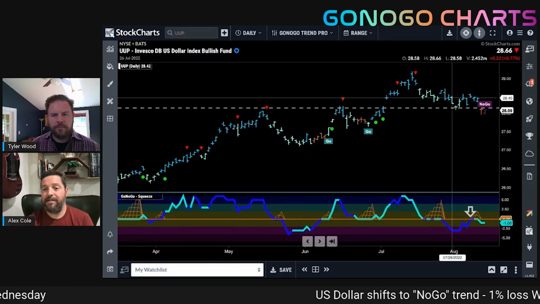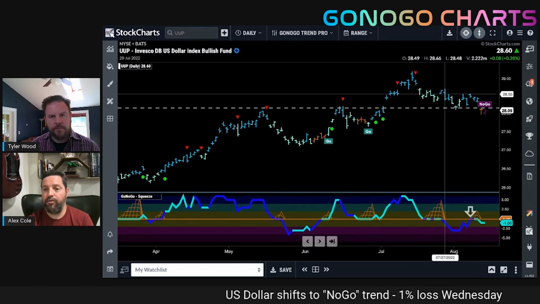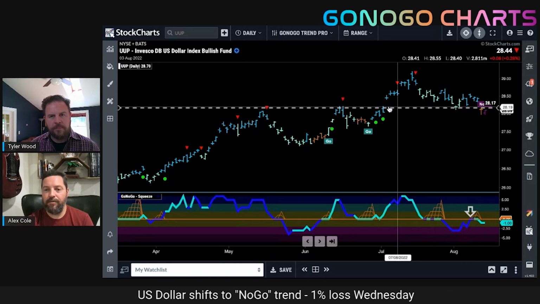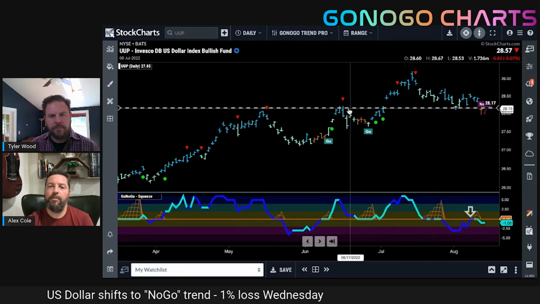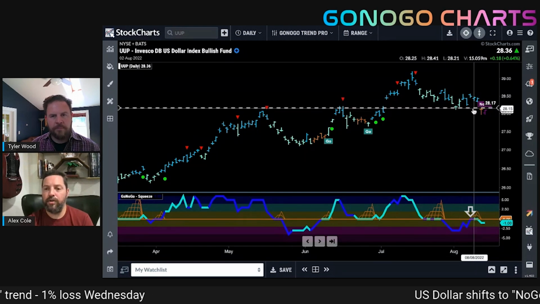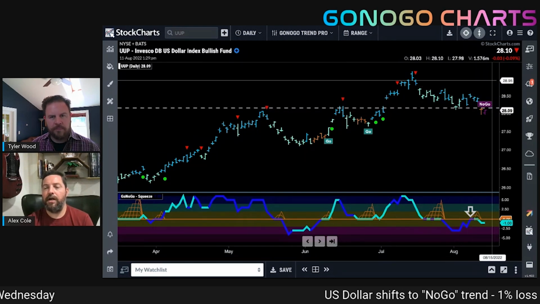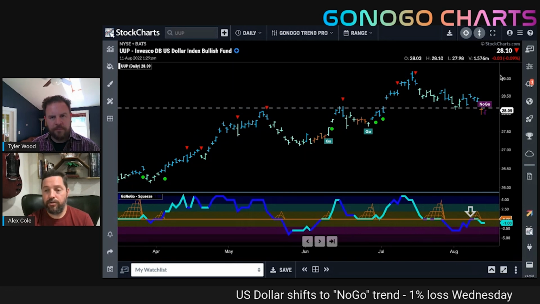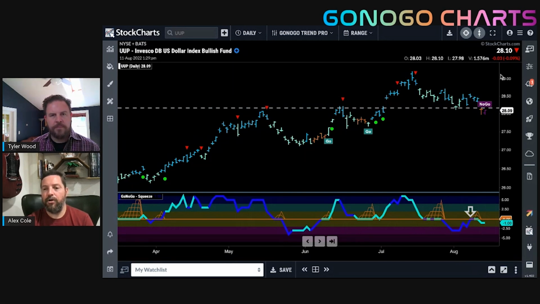We were saying that this is in conjunction with price testing this level that was support that had been resistance before, and how important it would be that we hold this level if we are to see the go-no-go trend continue in the go direction.